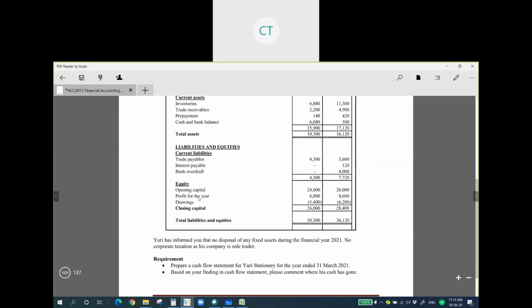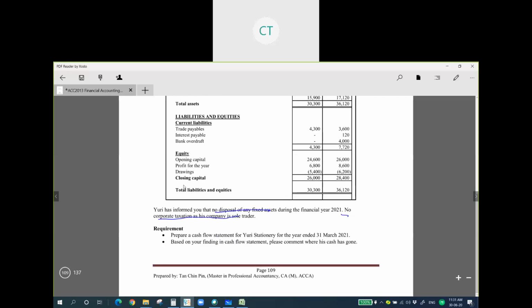Yuri has informed you that there is no disposal of any fixed asset during the financial year, and no corporate taxation as his company is a sole trader. So what is the requirement? Please prepare a cash flow statement for Yuri Stationery for the year ended 31st March 2021. Next, based on your findings in the cash flow statement, please comment on where his cash has gone.